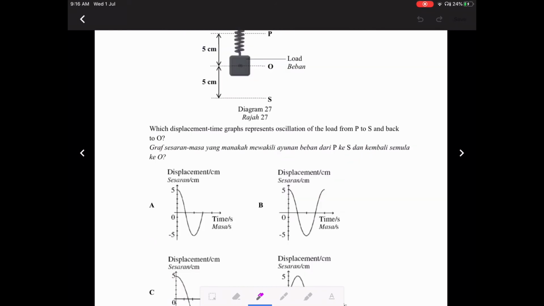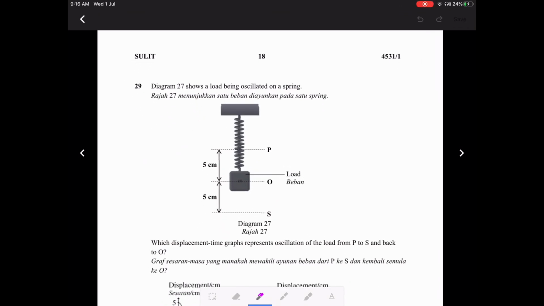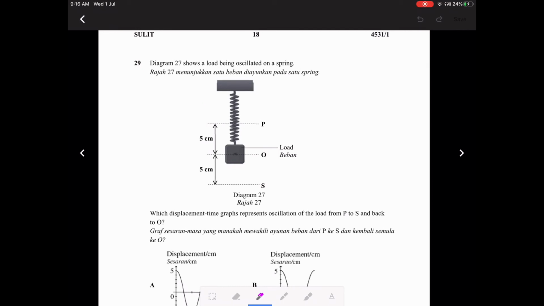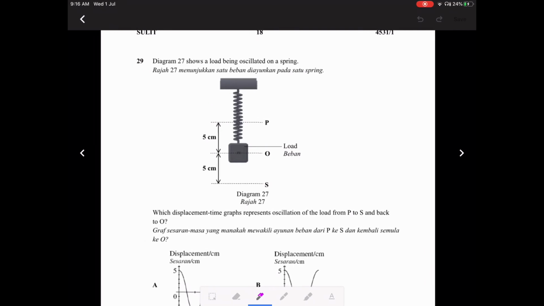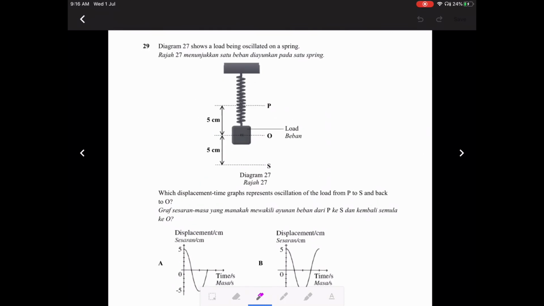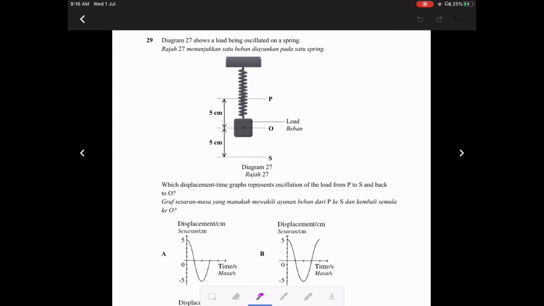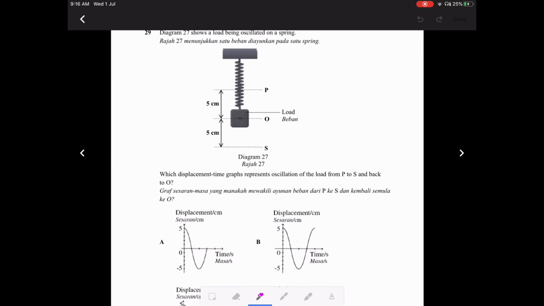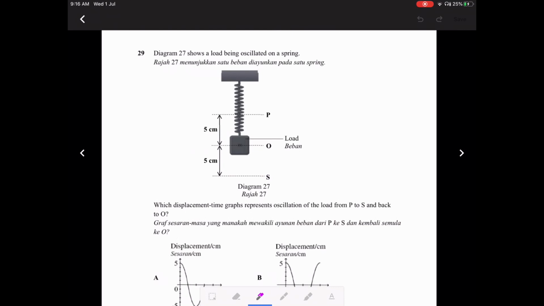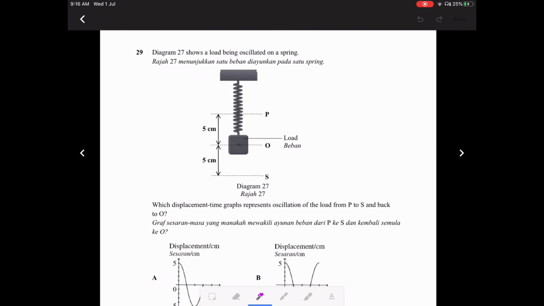Okay, number 29. Diagram 27 shows a load being oscillated on a spring, which displacement time graph represent oscillation of the load from P to S and back to O. Okay, so dia tarik from P to S. So dia tarik ke bawah.